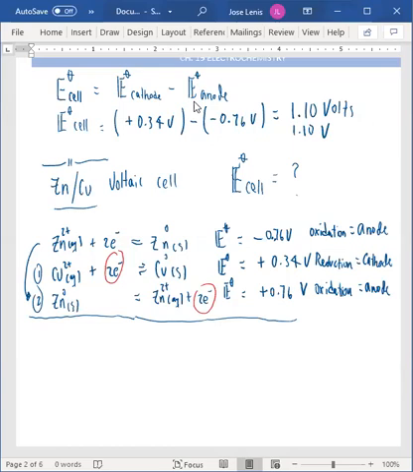You multiply the first equation by 3. 3 times 2 equals 6. Everything is multiplied by 3, except the number. In this case you don't multiply the potential, though in other reactions, we did multiply by, for example, the value of enthalpies, but not in this case. That number will not be multiplied.